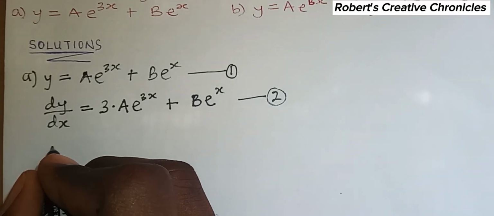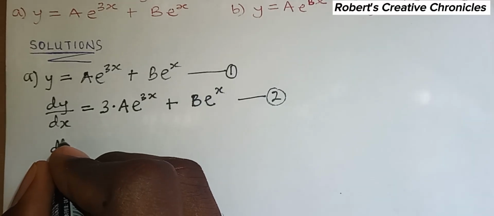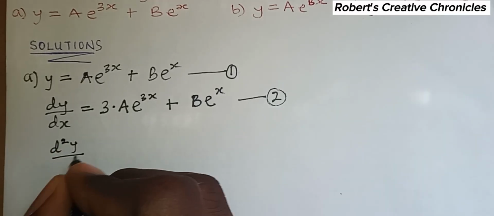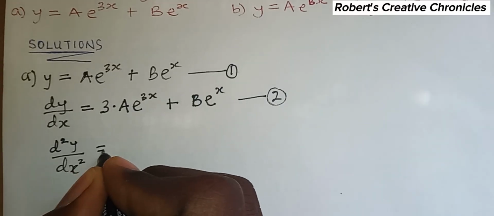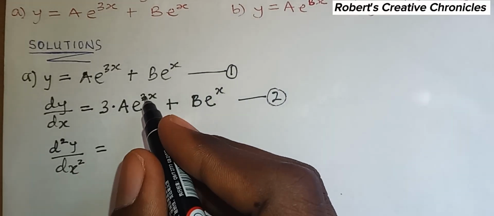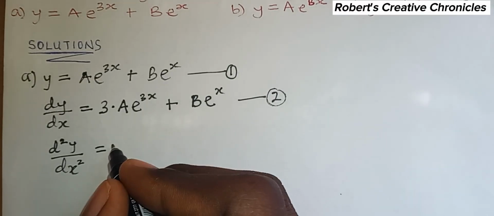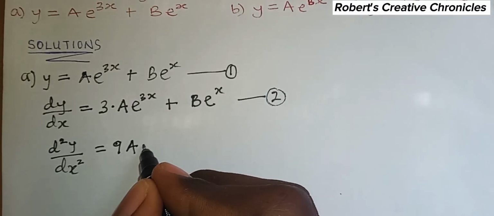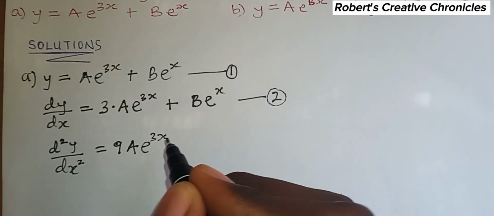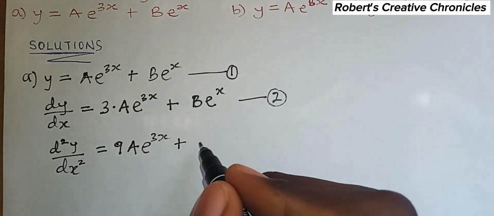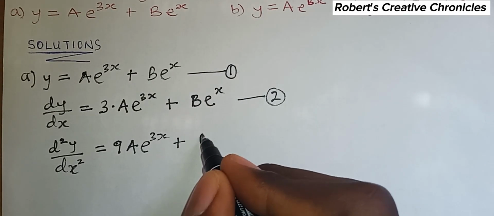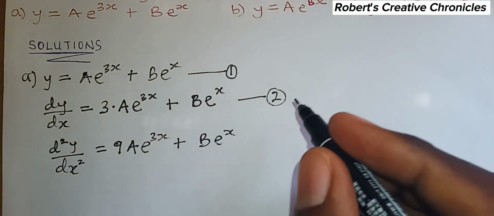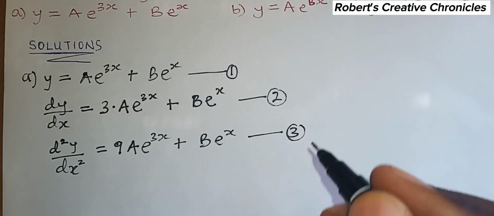Then let's find the second derivative, d squared y over dx squared. The second derivative is 3 again. 3 multiplied by 3 is 9, A exponential 3x, plus 1 times B is B exponential x. This will be our equation 3.